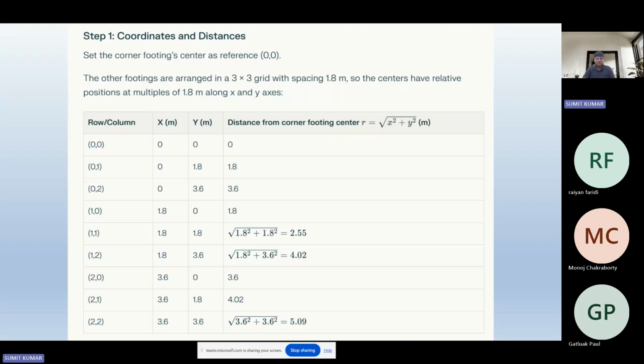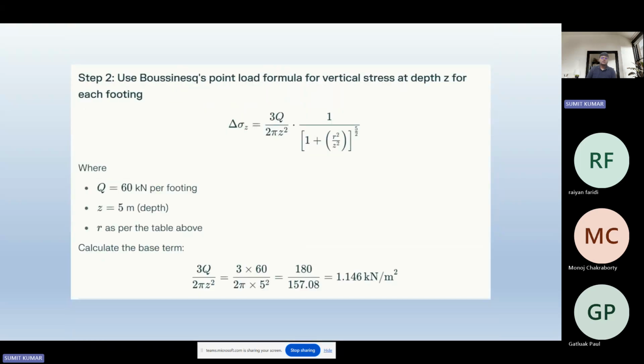subsequently, when the value of R is calculated, now we use our Boussinesq equation to calculate the vertical stress as 3q by 2 pi z square times 1 by (1 plus R square by z square) to the power 5 by 2, where q equals 60 kilonewton as mentioned for all the footings, and z equals 5.